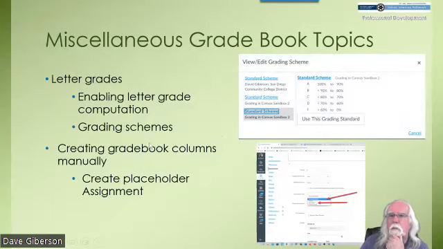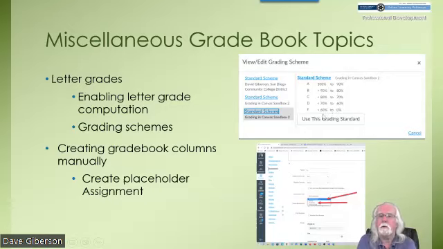Finally, occasionally, you may want to create gradebook columns in the gradebook manually. If an assignment is handled completely outside of Canvas on paper, or for whatever reason there's not a homework assignment or a quiz or a graded discussion in Canvas that corresponds to that gradable item, you can create a column for that item manually.